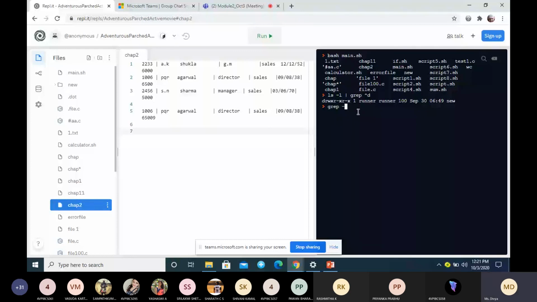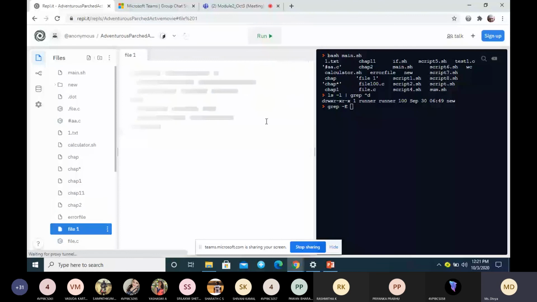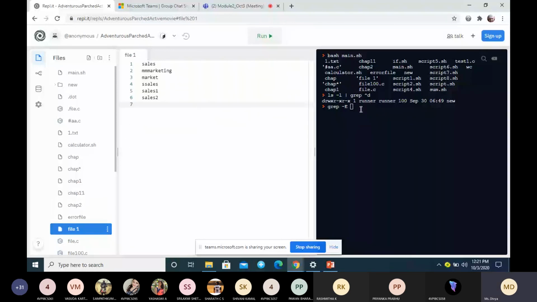Then I want to match. I'll be writing the pattern something like this, s question mark, then the remaining letters, in file 1. So what does question mark tell? It matches zero or one occurrence of the previous character.